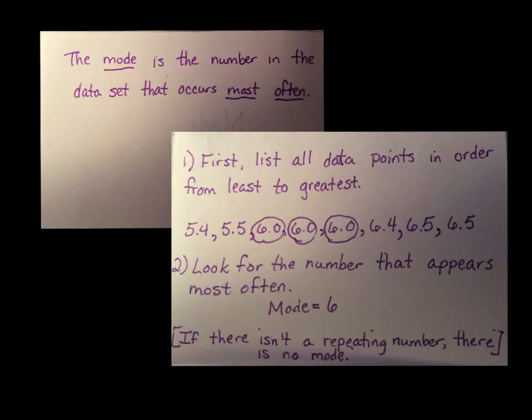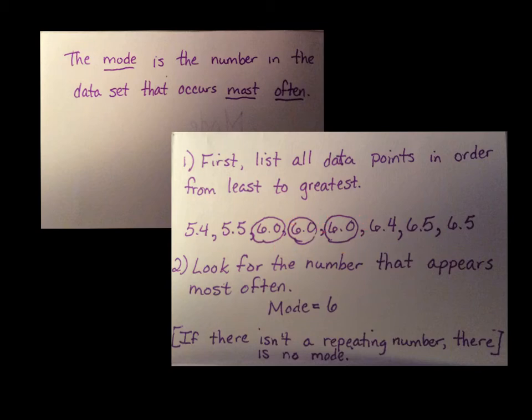Next, we have our mode in our data set, and the mode is probably one of the simplest ones that we'll have to do. The mode is the number in the data set that occurs most often. So once we list all of our data points in order from least to greatest, we circle the number that appears more than once. Now in this case we have 6 and 5/10 2 times, but since we have the 6 and 0/10 that appears 3 times, that's our mode.